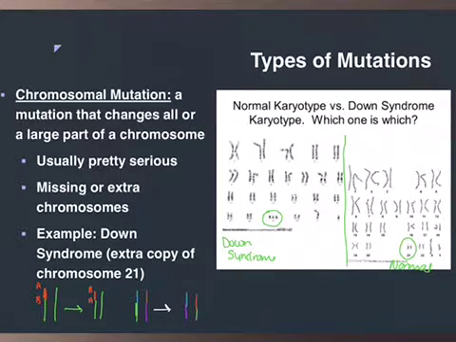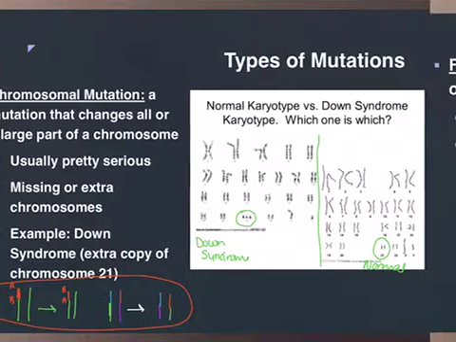So all of these cases happen because a chromosome has broken and it reattaches. These types of mutations are a lot more dangerous and have pretty serious effects, including up to death.